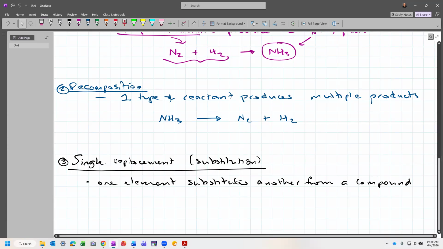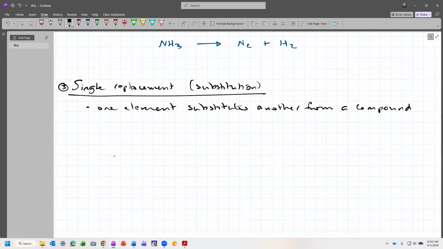So for example, I'll give you 2 examples of these. If we have zinc, Zn, and hydrochloric acid, HCl, what can happen here is the zinc can come in and it can kick the hydrogen out. So it takes the place of the H.